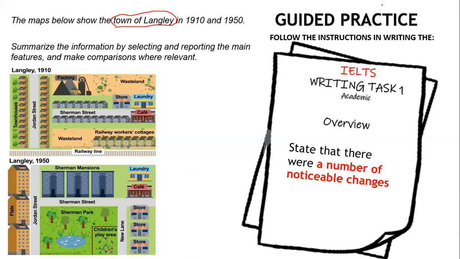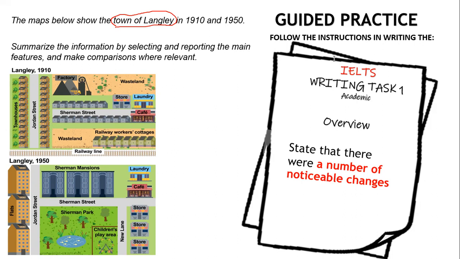Okay, so I got an answer here. Let's see who got this one. Fong, I'd like you to send both intro and overview. Very good. But Fong, check the capitalization. That's the name of a place, Langley, so you have to capitalize.